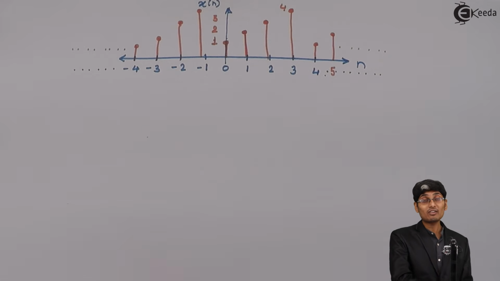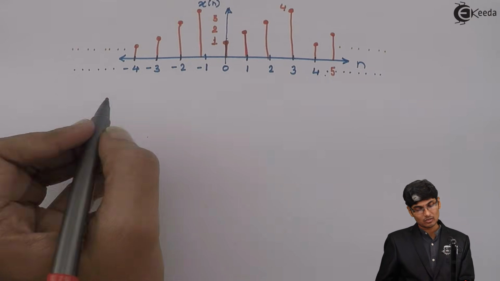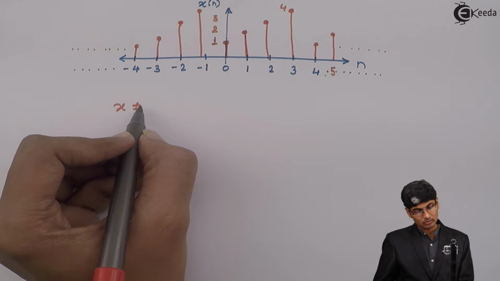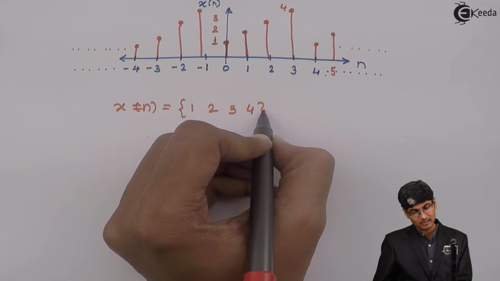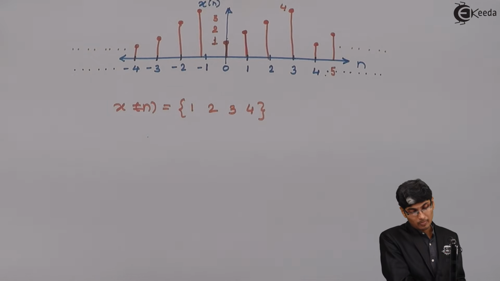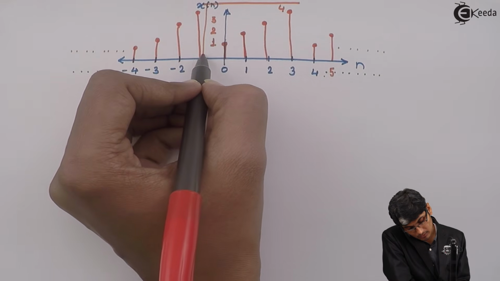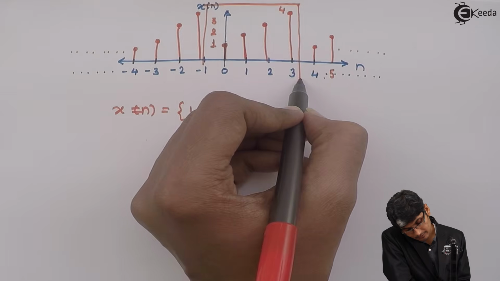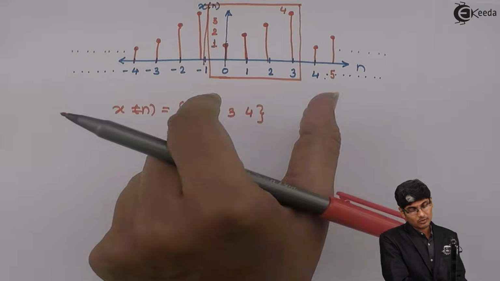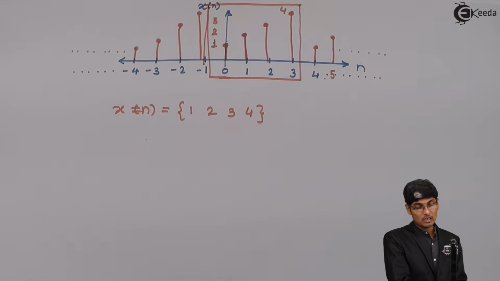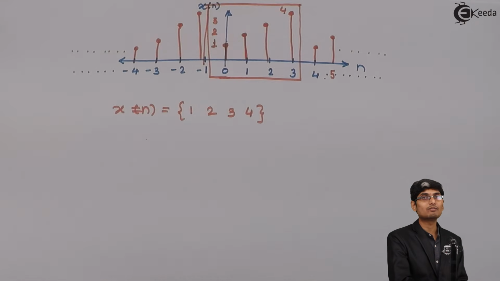Now when we define a periodic signal, graphically, when I say that x of n is equal to 1, 2, 3, 4, I mean that I will only see this portion of the signal, because this portion is going to repeat every interval of 4.